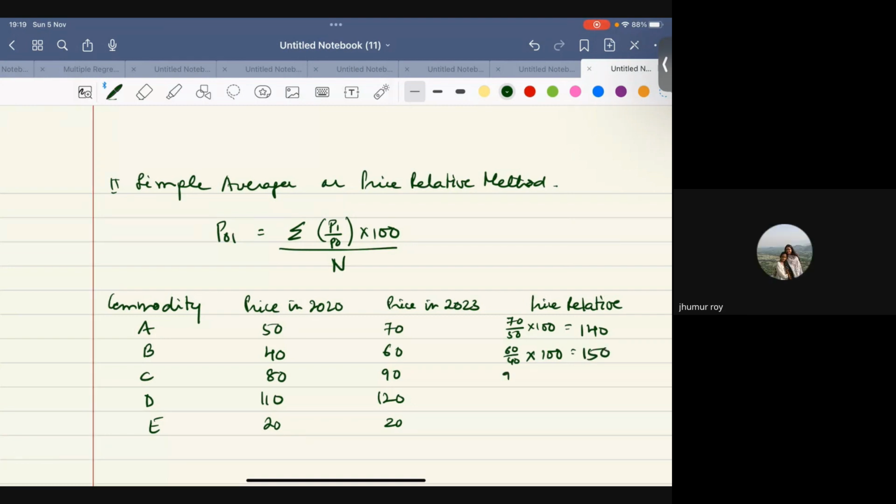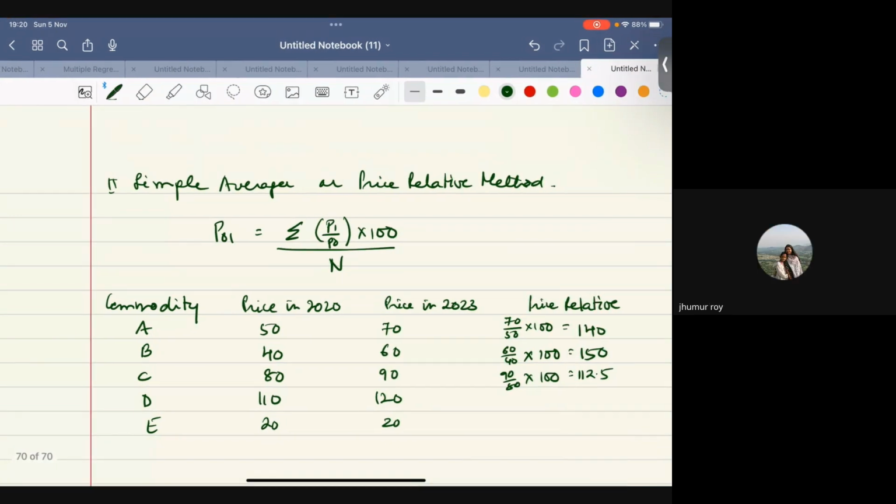Then the third is 90 by 80 multiplied by 100. How much? 112.5. The next is 120 divided by 110 multiplied by 100.